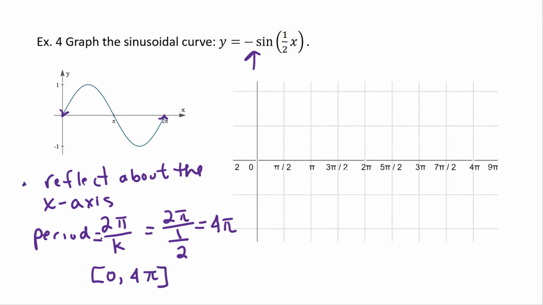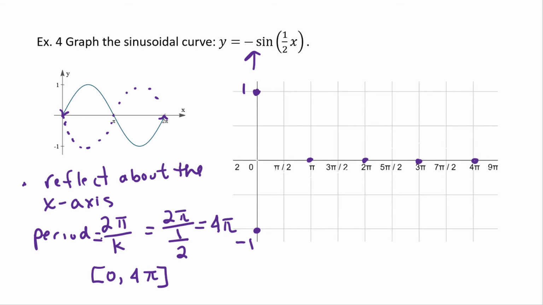So now we'll take the standard sine curve, flip it, and then change the period from 2 pi to 4 pi. So let's mark 4 pi, 2 pi, halfway between would be pi, and between 2 pi and 4 pi is 3 pi. Let's label the vertical axis, so I'll label this one -1 and label 1.